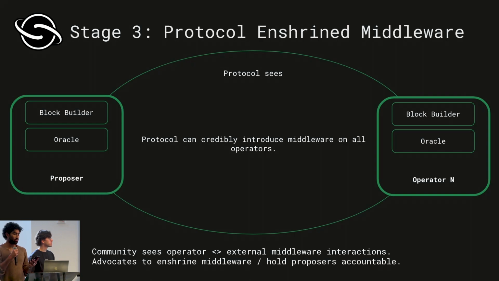Essentially what happens now is that we delegate the responsibility of providing inputs to the middleware, to the protocol via vote extensions or some other mechanism, and we delegate the execution of this middleware to the protocol, right? At this stage, we no longer need to depend on intermediary signer sets to observe external information, provide some amount of credibility to it, and give it to our protocol. We can now enforce all of these rules directly in the protocol by increasing both the agency and sight of the protocol itself.